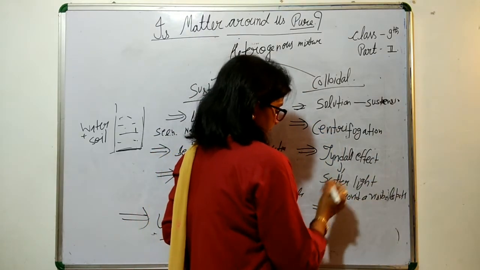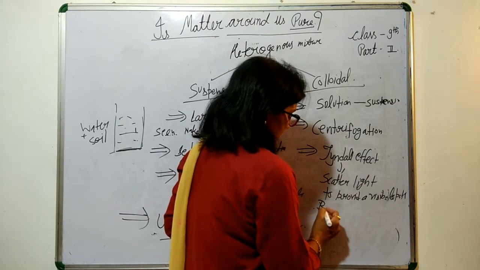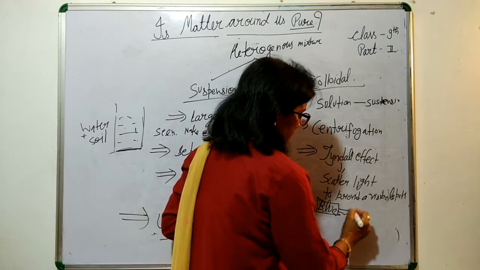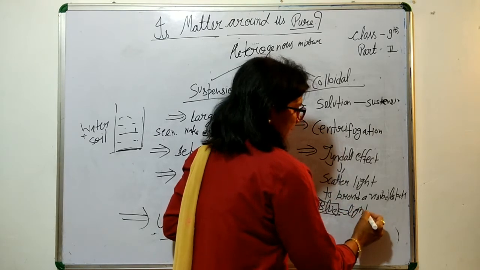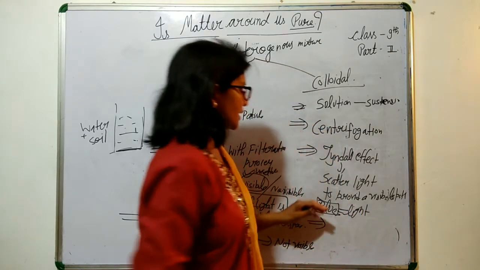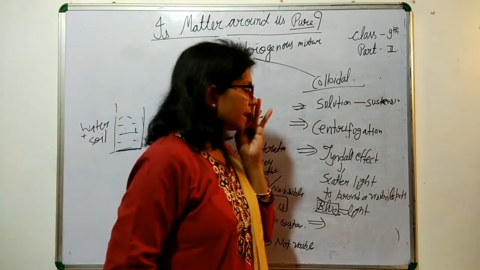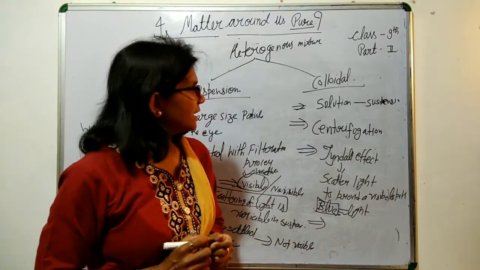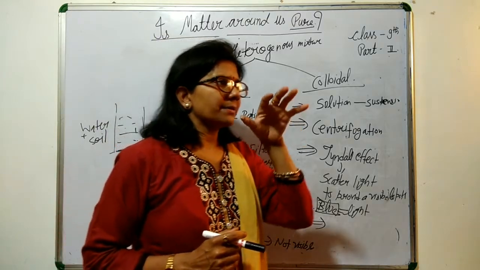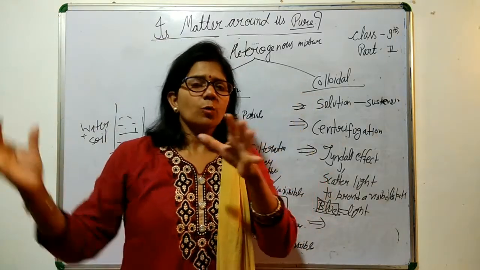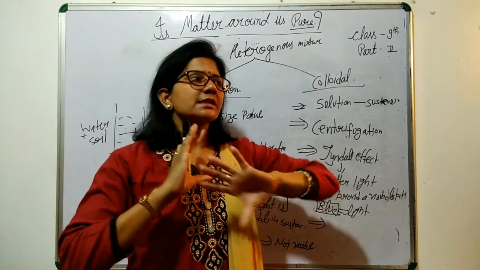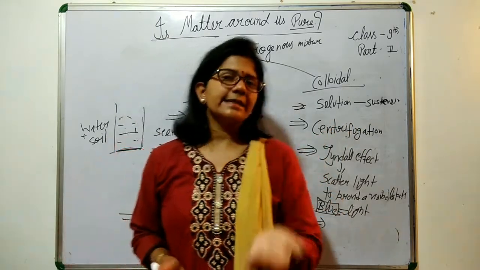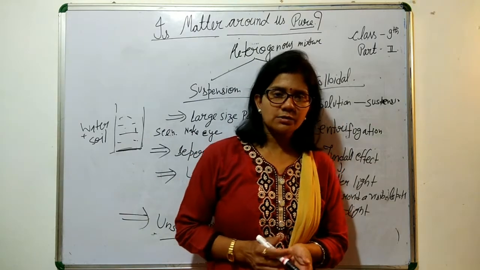This Tyndall effect is very prominent in case of blue light because of its wavelength, which we will consider in our next class. In case of colloids, there are many examples. For example, in case of fog, when light passes through it, you can see that visible path very clearly. That is also an example of the Tyndall effect.